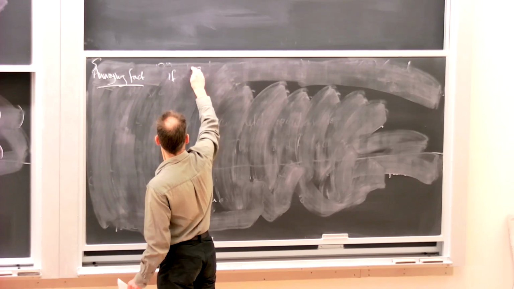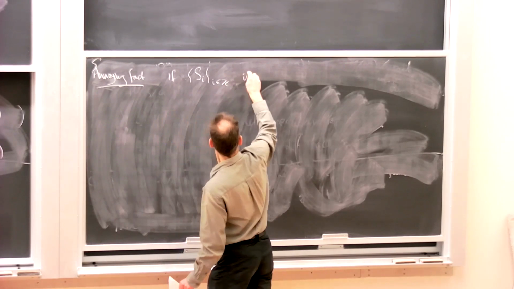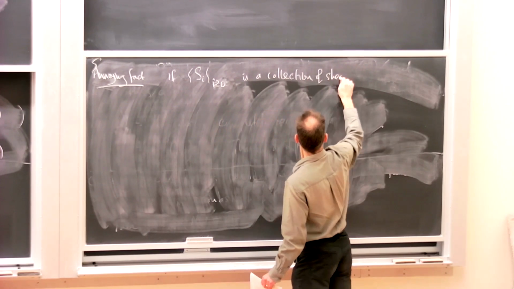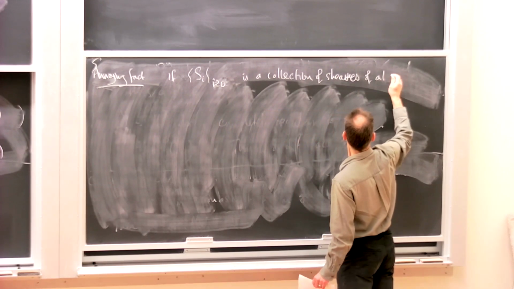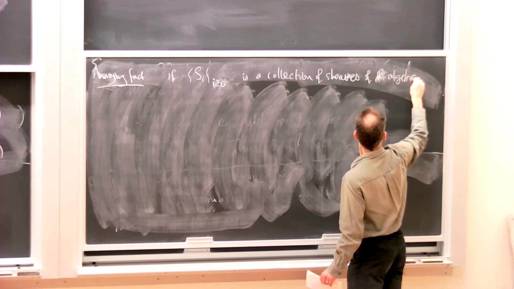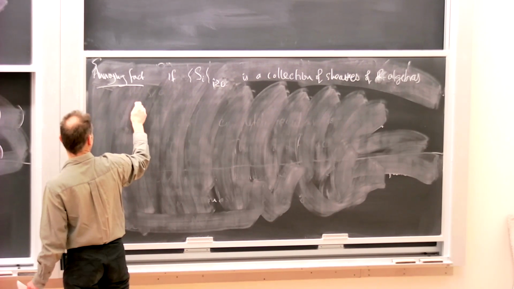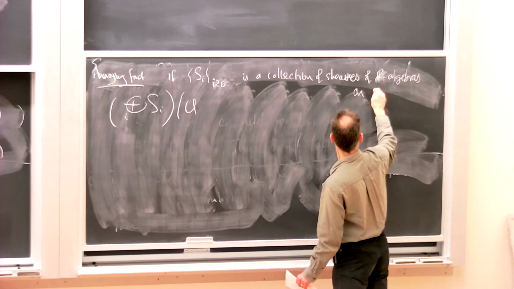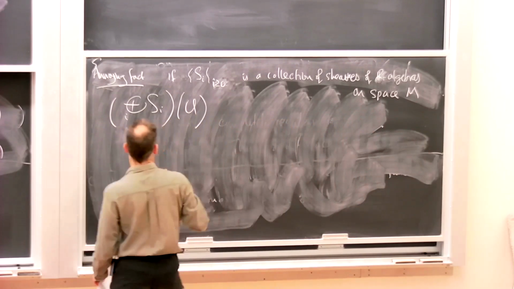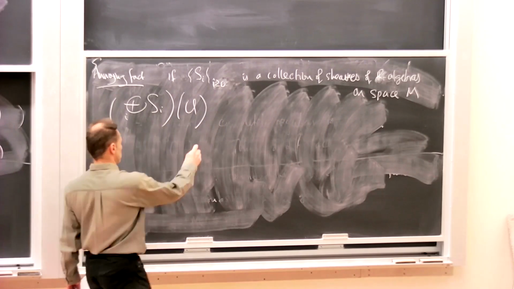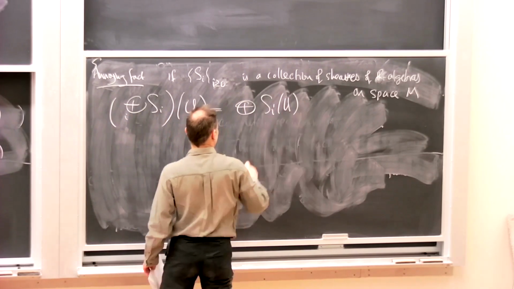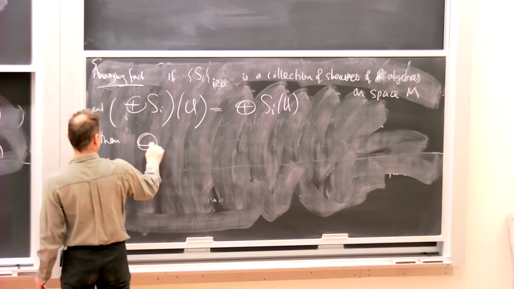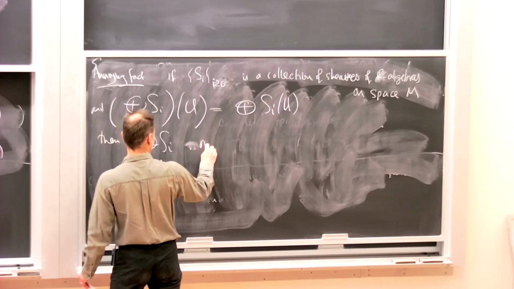If I have a collection, let's take non-negative, a collection of sheaves of algebras or R algebras, and if I define the direct sum on some space, and if I define the direct sum on an open set by just taking the direct sum of these guys, then this direct sum need not be a sheaf.